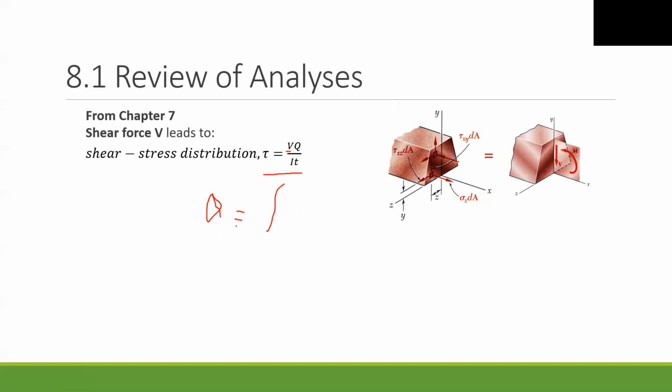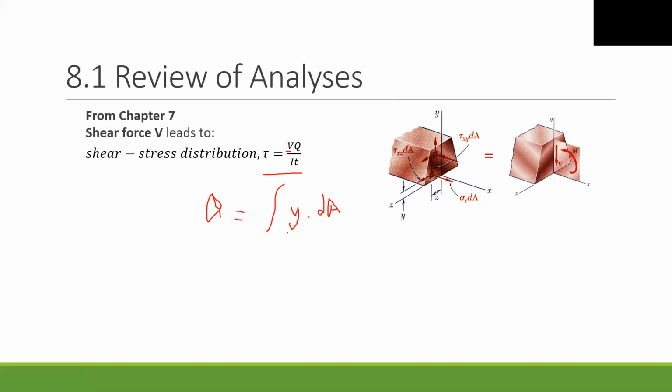For example, on this surface, I am looking for tau in the y direction, not the x direction. So in order to calculate tau in the y direction, Q is equal to y times the area A.